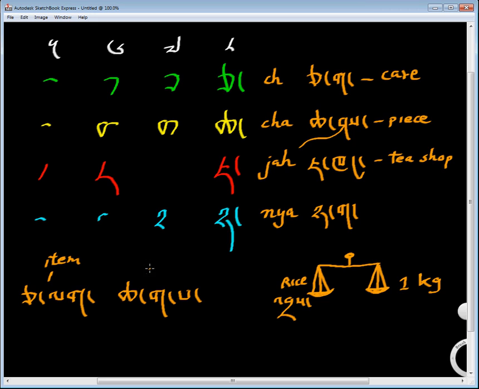So jalak is item, and this would be grasshopper, the insect, right? Actually, if you have watched the kids animation movie A Bug's Life, I think these are the bad guys, the hopper.